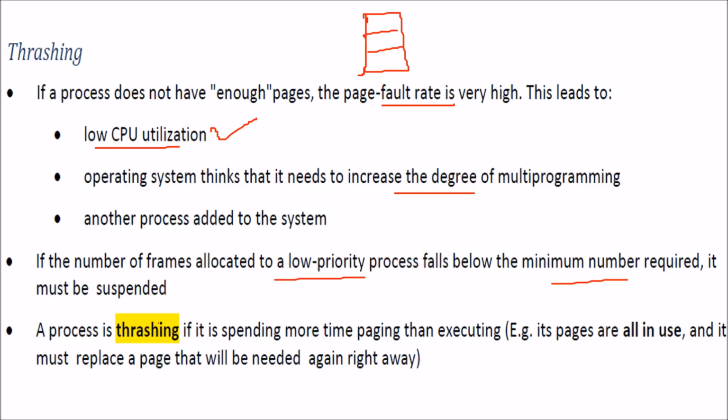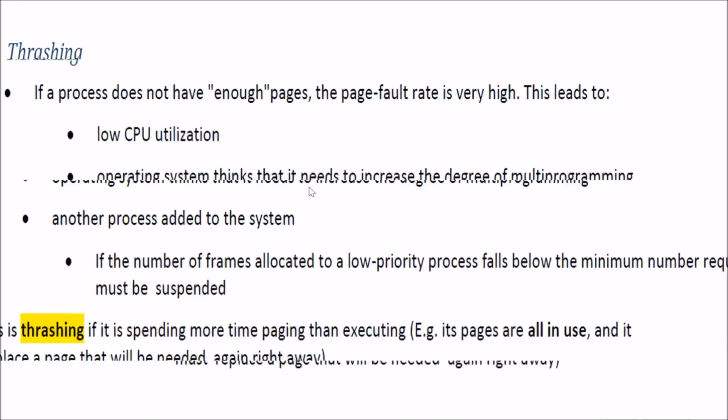So let me explain thrashing again. A process is thrashing if it is spending more time paging than actually executing. The system will see that all pages are in use and that a lot of multi-programming is going on, but actually it is replacing pages, putting them in and out. So this is thrashing.